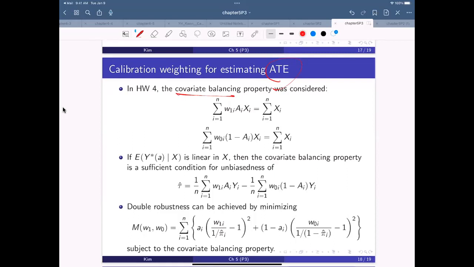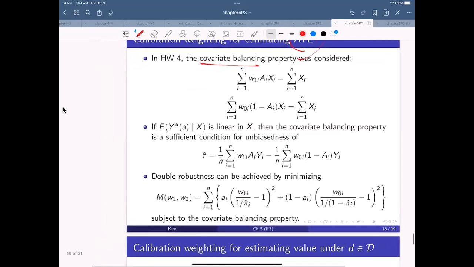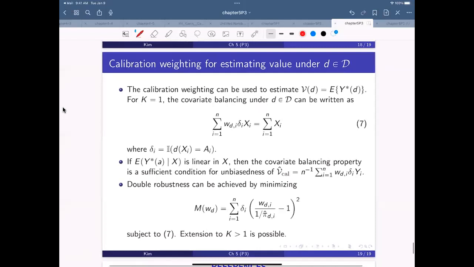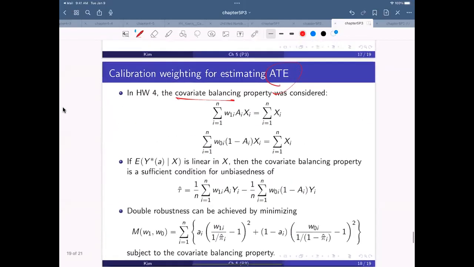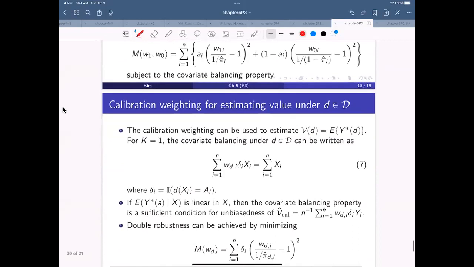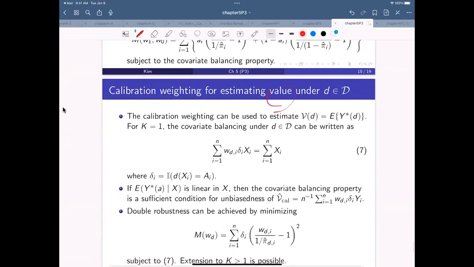I already made the solution, so if you are not sure about your answer, you can check. Now, here's the key idea. This is for ATE. Then the next question is, what would be the calibration equation or covariate balancing equation for estimating the value? Could I ask a quick question? Yeah.